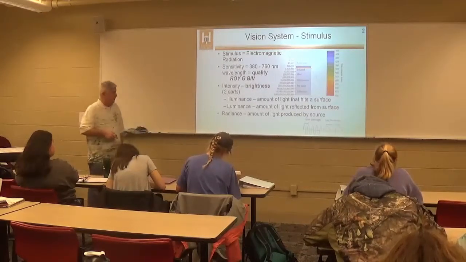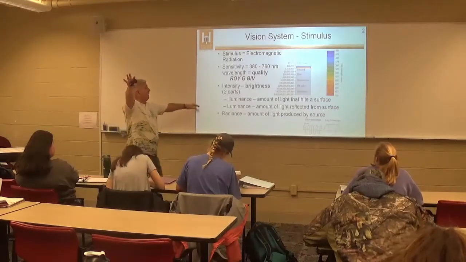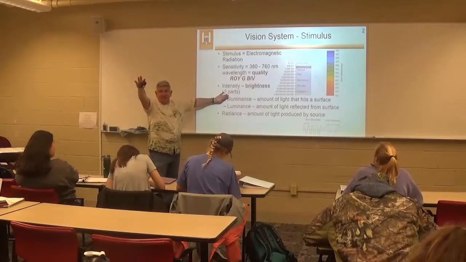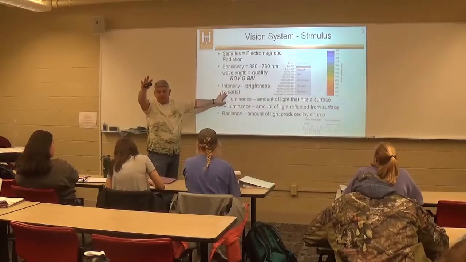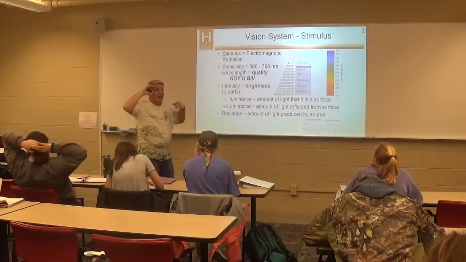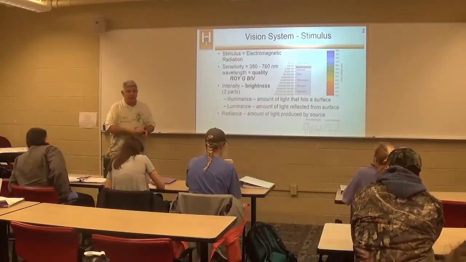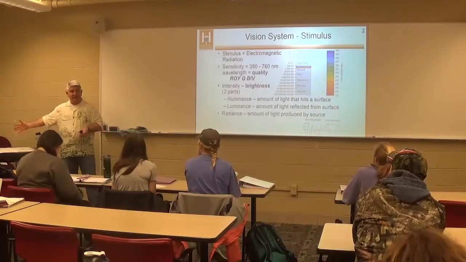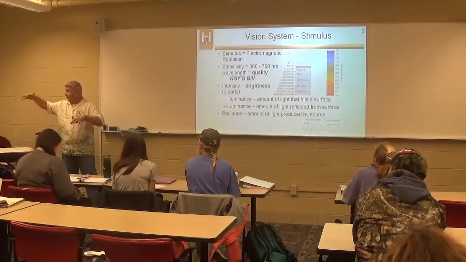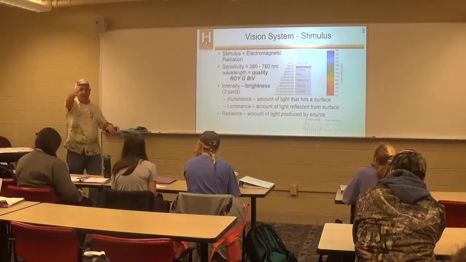Radiance is the amount of light produced by the source. So here, the amount of light being produced by that bulb and the amount of light that's hitting the surface are pretty much identical. There's probably not any decrease from the radiance to the luminance, right? But you can think about if we had a regular 60-watt light in here and the lights were off, it's giving off radiance, and the surfaces around here are going to have an illuminance that's greater than the back wall.